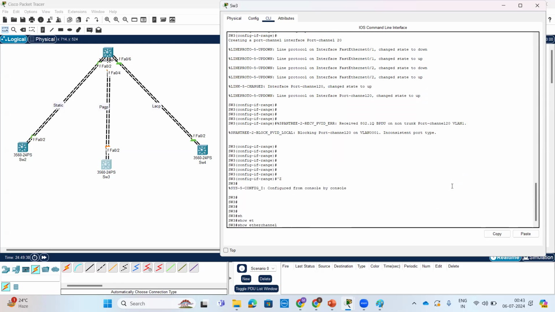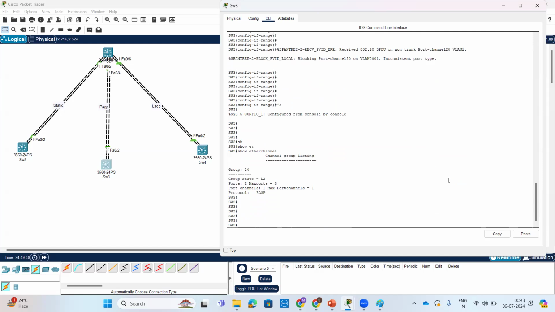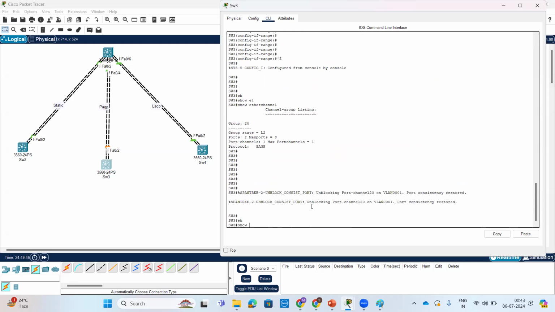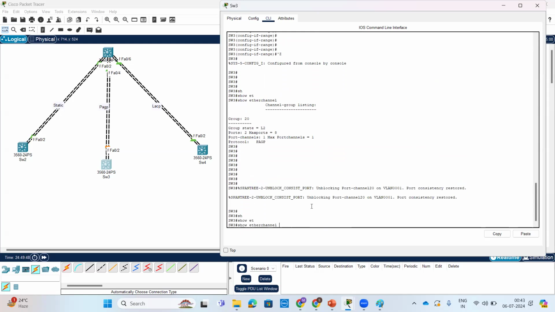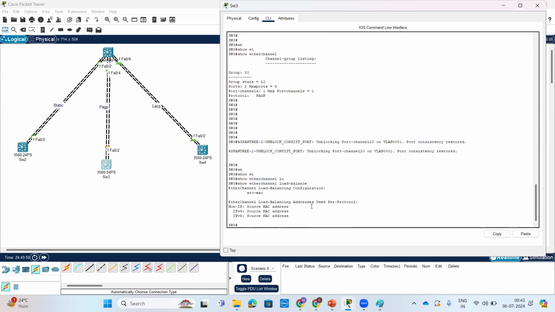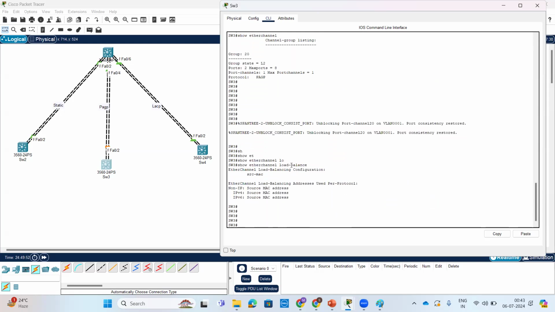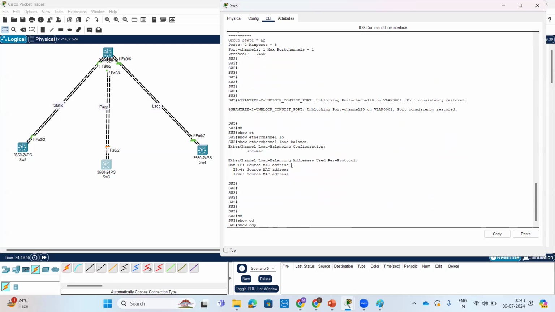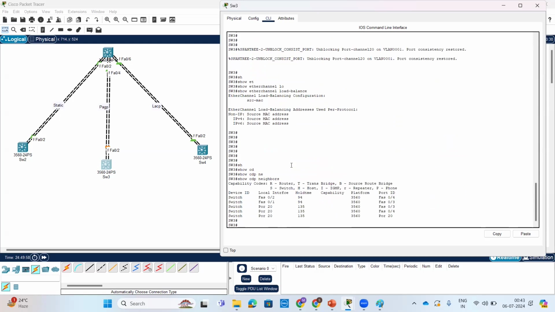Show ether channel. One ether channel is enabled, that is PAGP. Now the ether channel load balance you can also verify with this command, and show CDP neighbor. You can verify with the neighbor command.